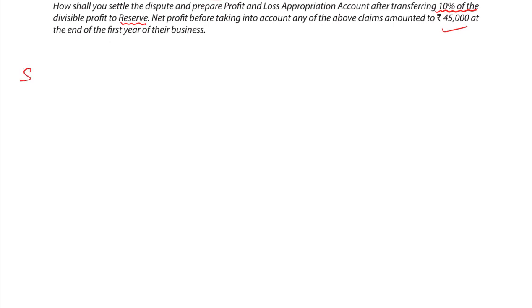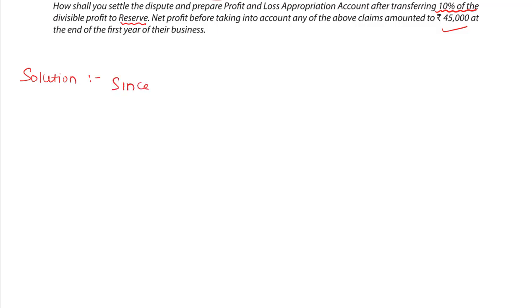Solution. Since there is no partnership deed, the following provisions of the Indian Partnership Act are to be applied to settle the dispute.